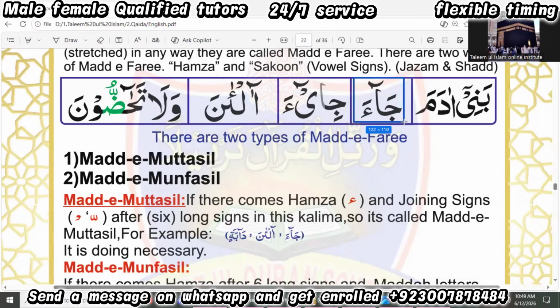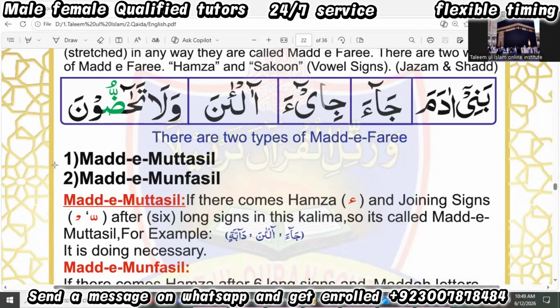This one we will read: ja a ji a. Now a al a na wala tahaduna. Okay. This is called madde muttasil.